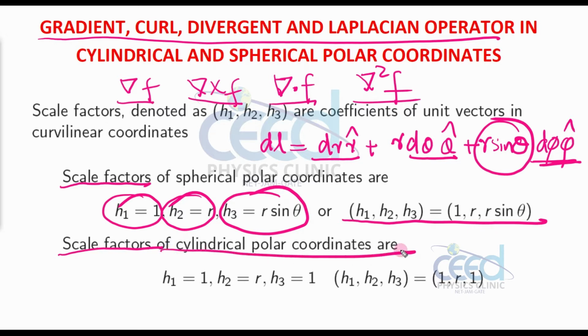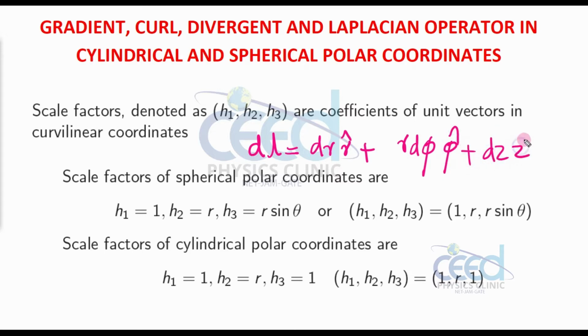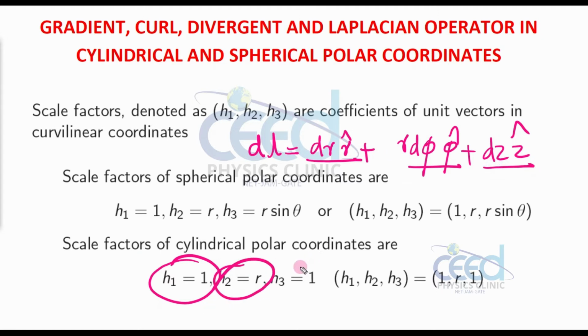Here also we studied the length element as dl is equal to dr r cap plus r d phi phi cap plus dz z cap. So here the coefficient of dr r cap is 1, the coefficient of d phi phi cap is r, and the coefficient of dz z cap is again 1.